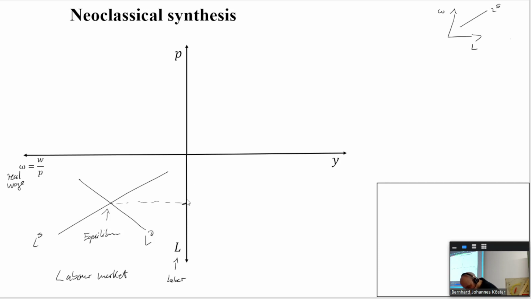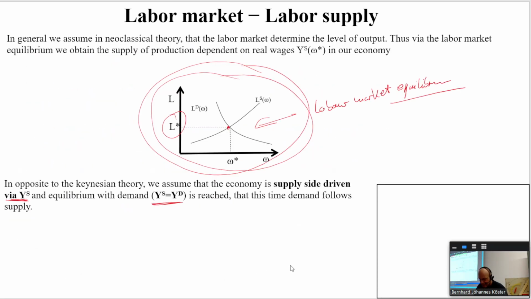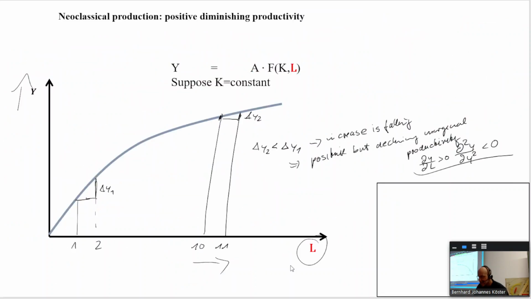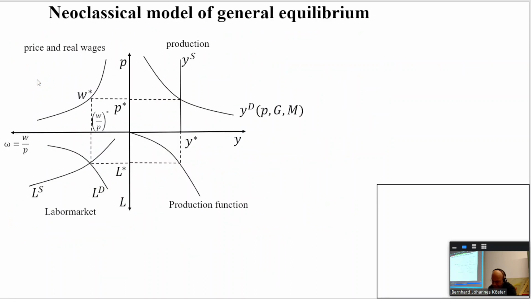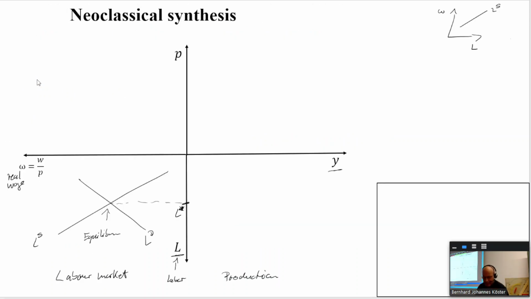And so here we have our equilibrium amount of labor. Now we go to the right, and here we have Y depending on L. So here we find the production. Remember, we had this just here, labor and production. Well, and what did we say?